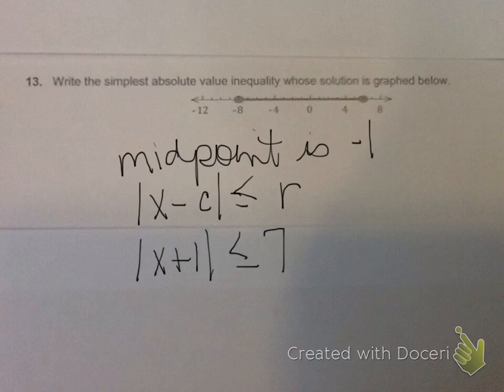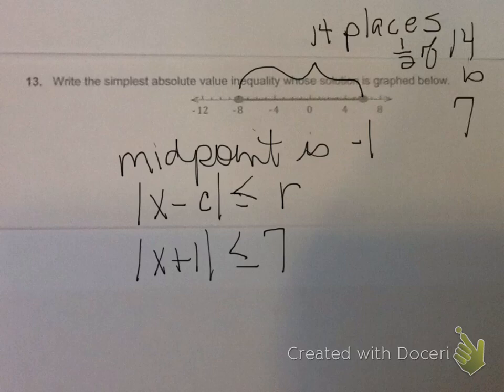Okay, you had to calculate from -8 all the way to +6, and there were 14 places, and half of 14 is 7.